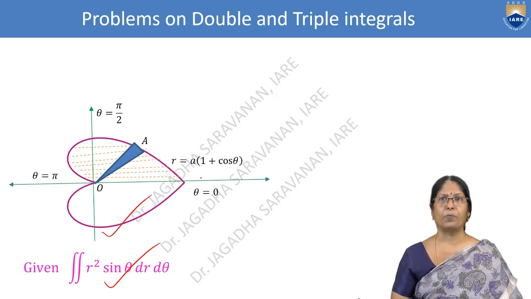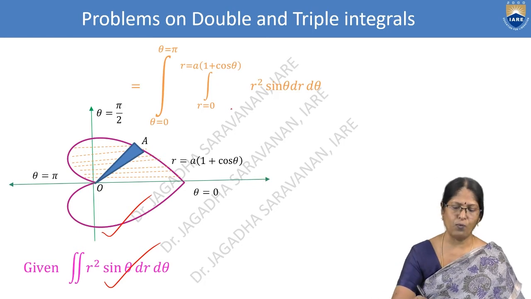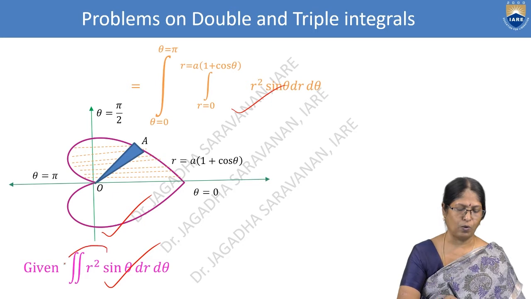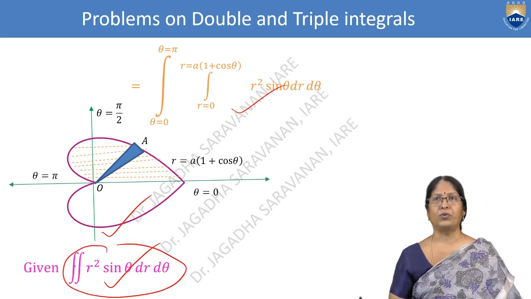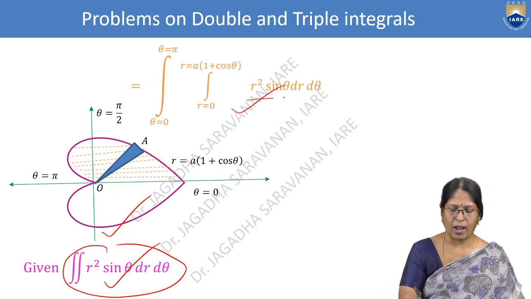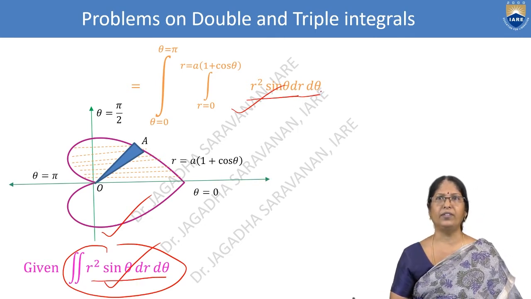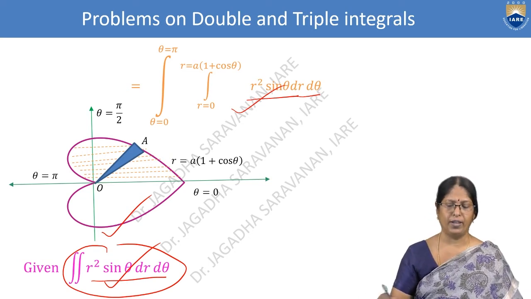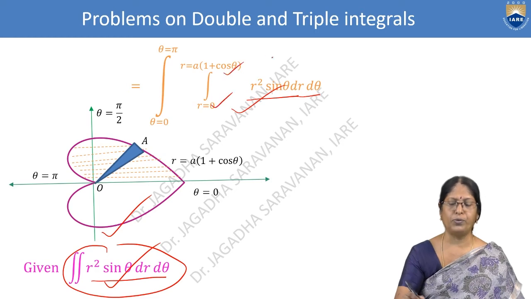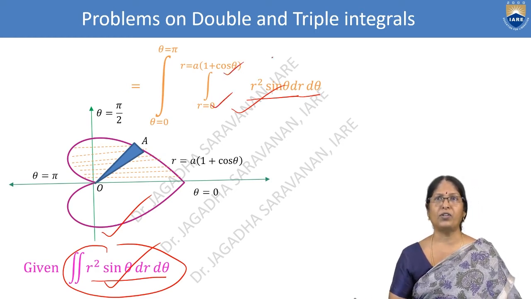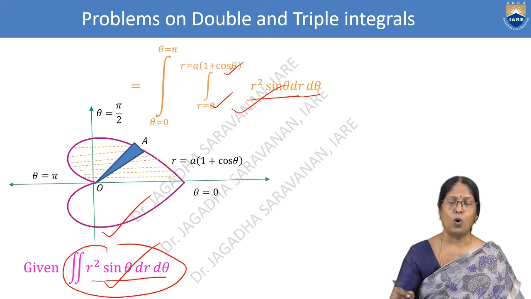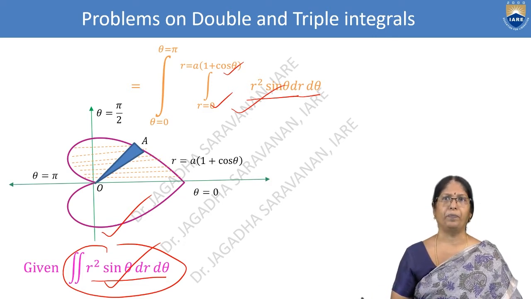According to our problem condition, we have drawn the diagram. So now we have to evaluate this given question. What are we asked to do? The integral of r square sine theta dr d theta is written as it is. Just now we discussed that r starts from 0 and goes to touch the cardioid curve, a of 1 plus cos theta.